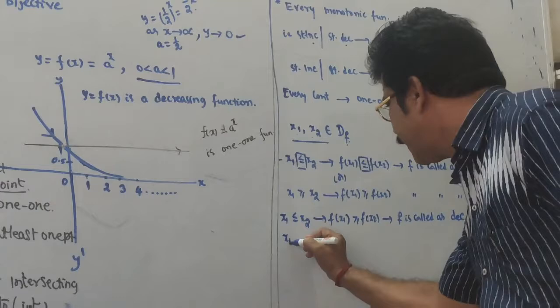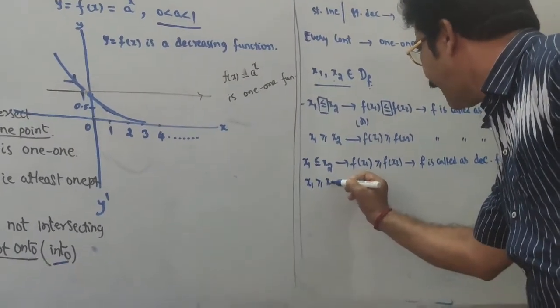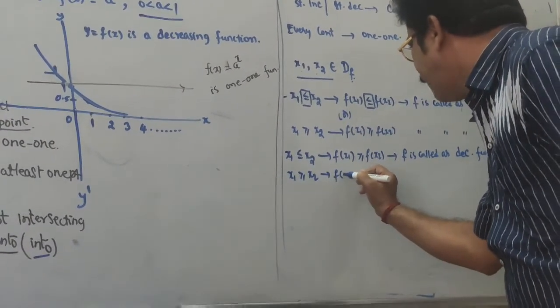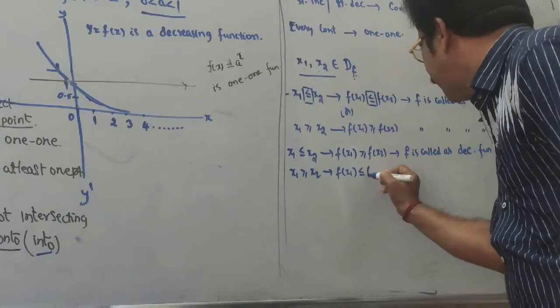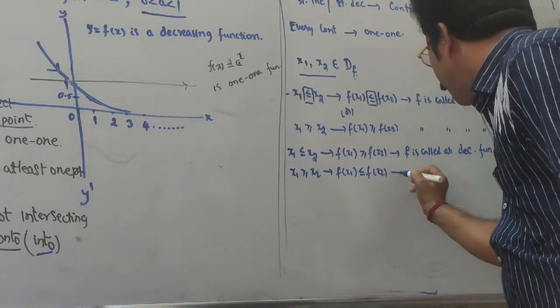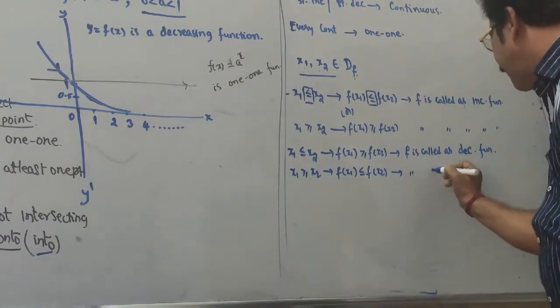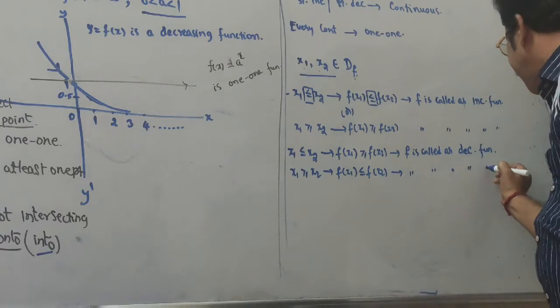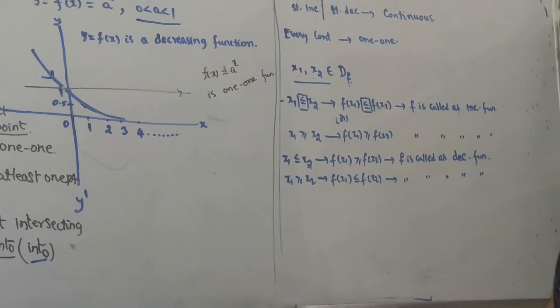Similarly, if x1 greater than or equal to x2, f of x1 less than or equal to f of x2, here also f of x is called a decreasing function.